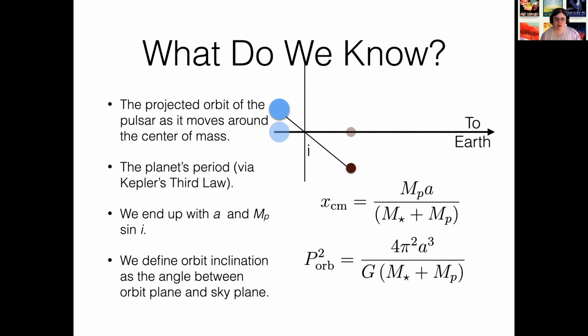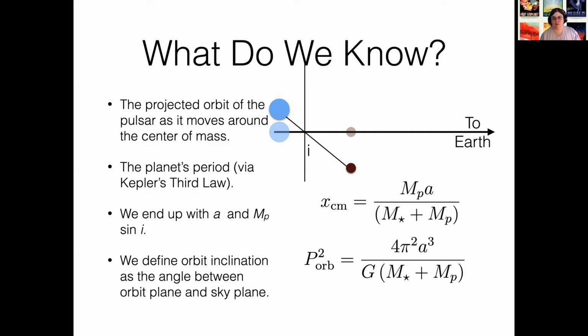So we need the planet's period, and we need to estimate the mass of the pulsar. Now from the planet's period and the pulsar mass, we can estimate what the semi-major axis of the orbit is. And once we have that, we can get how far away the pulsar is from the center of mass, which will tell us the mass of the planet.